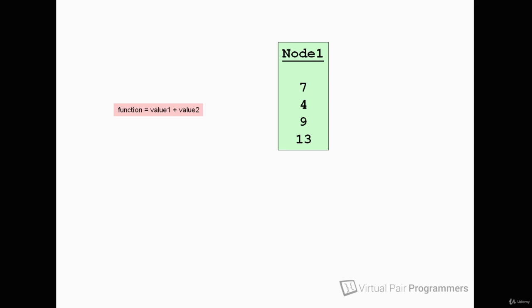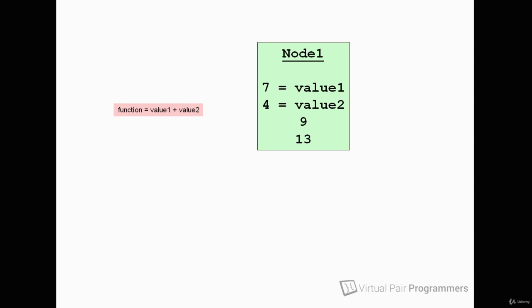It doesn't matter which of the values we take, but we could, for example, take the first element, that number 7, as being value 1, and the second element, value 4, as being value 2. But crucially, we could have picked any of the values because a reduce must be able to be done in any order. So we can use any of the values for value 1 and any of the values for value 2. In a reduce, there will always be a value 1 and a value 2.